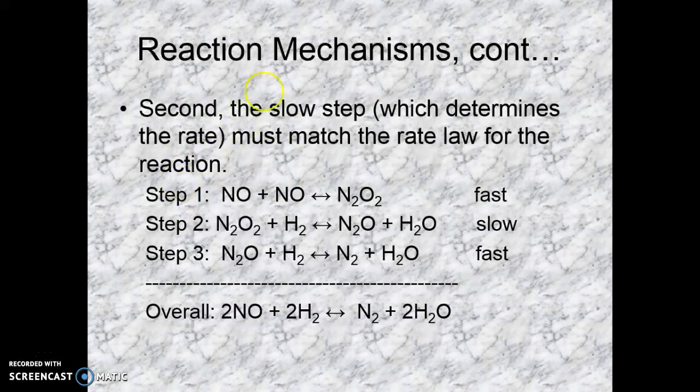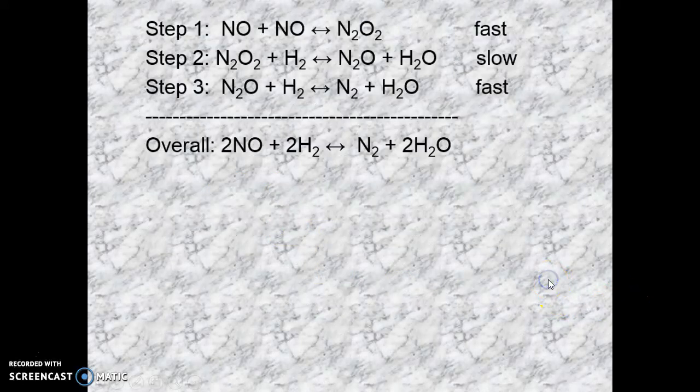So if you think about what we did the last time, we took N2O2 and actually made it represented by NO squared. So we have two NOs and an H2. So that supports the mechanism that we proposed, or that supports the rate law that was proposed for that reaction.